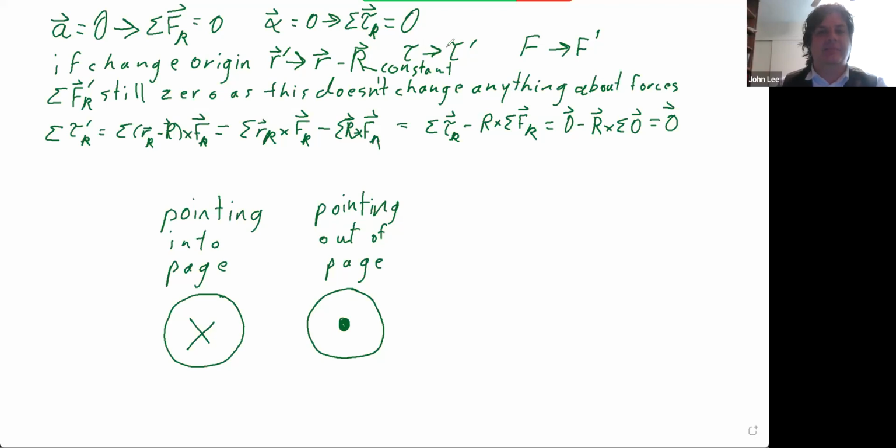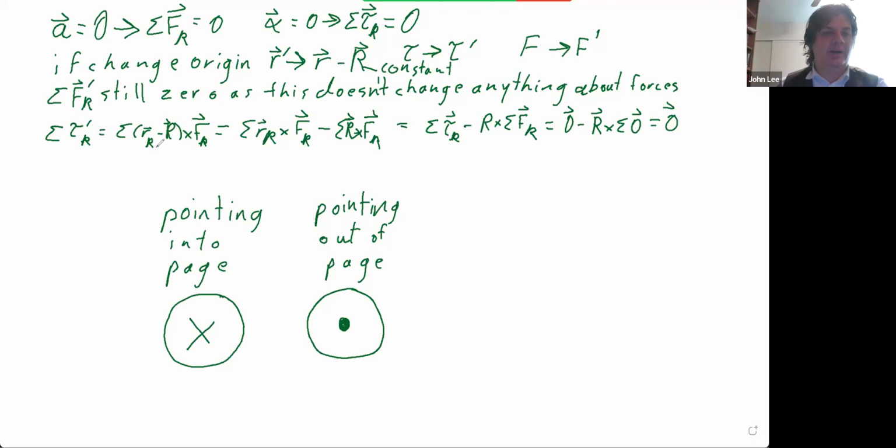Tau goes to tau prime, where tau prime is going to be equal to Rk minus the big constant R cross Fk for each of the constituent particles. And then F goes to F prime. So F prime is still going to be equal to 0.